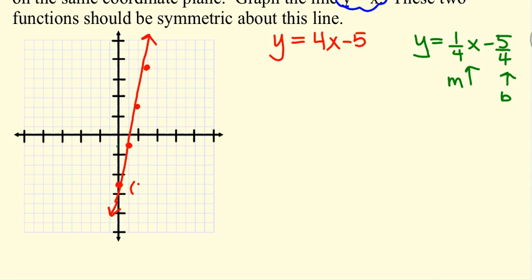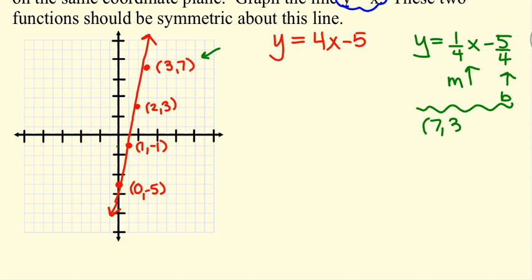So here's that first ordered pair, over 0, down 5. This one is over 1, down 1. This one is over 2, up 3. And this one is over 3, up 7. In order for us to come up with our new ordered pairs without having to go through graphing the slope and y-intercept, we can just interchange them. So this point, interchanged, would be 7, 3.